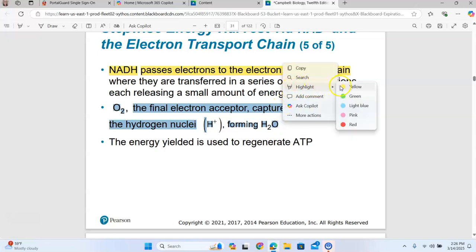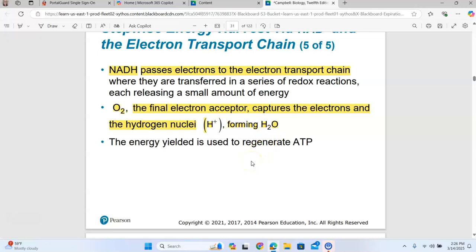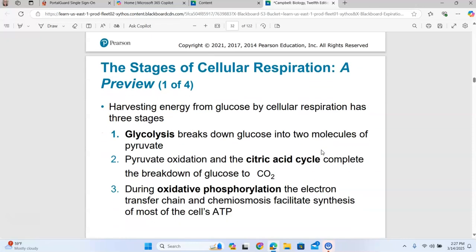So we are going to go over this in more detail, but for right now, just remember NADH adds electrons and hydrogen ions, H+ ions, to the electron transport chain. But they eventually have to go somewhere. So the hydrogen ions and the electrons eventually join with oxygen and form water. And during the electron transport chain, the energy from the electrons and from the hydrogen ions is going to be used to make ATP, and we'll look at that in more detail.